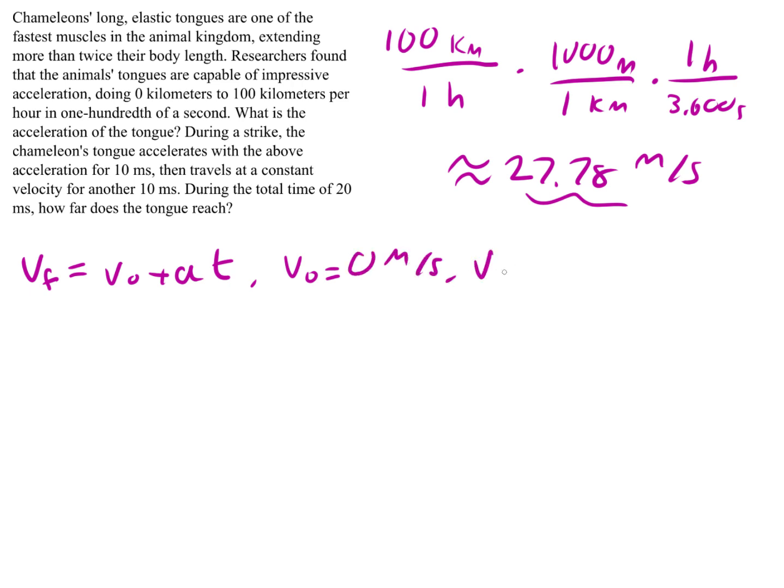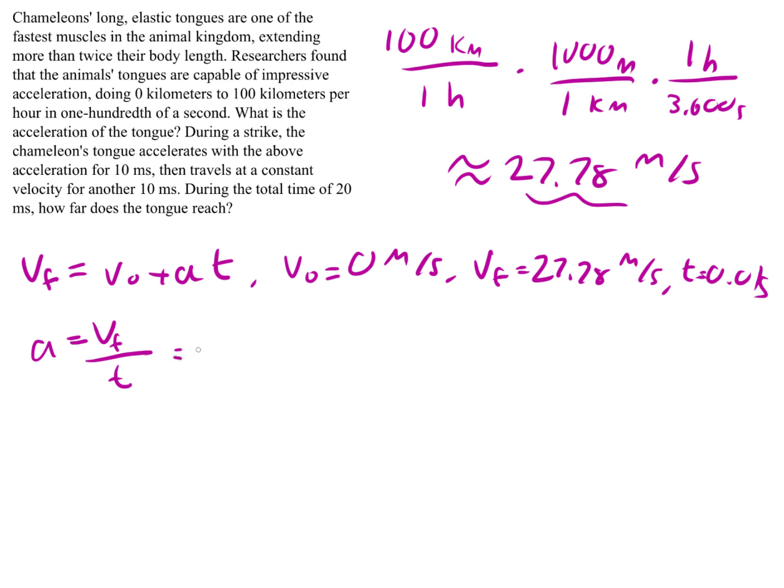The final velocity is 27.78 meters per second. And the time interval is 10 milliseconds, which is 0.01 seconds. So if we solve for acceleration, it's simply the final velocity divided by the time, since the initial velocity is 0.